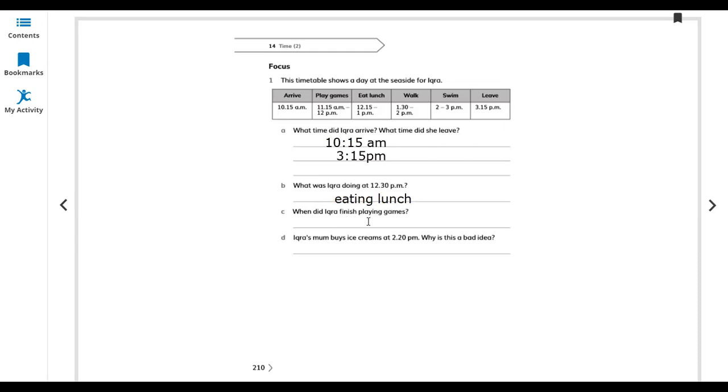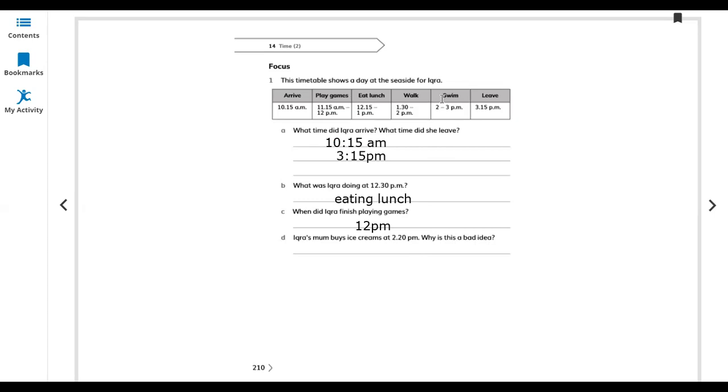When did Ikra finish playing games? Where is playing games? She started 11:15 a.m. and then finished 12 p.m. Ikra's mom buys ice cream at 2:20 p.m. Why is this a bad idea?